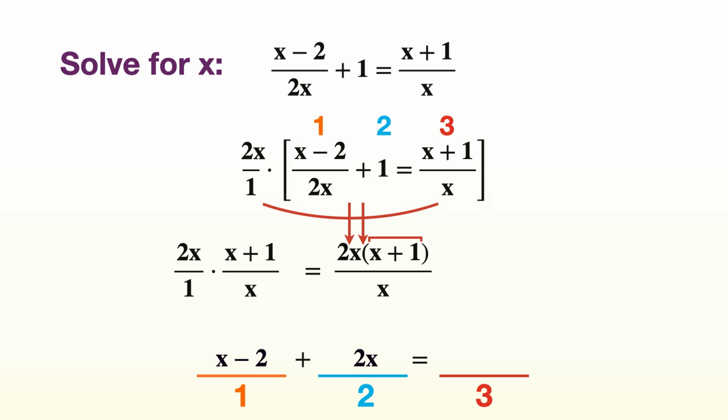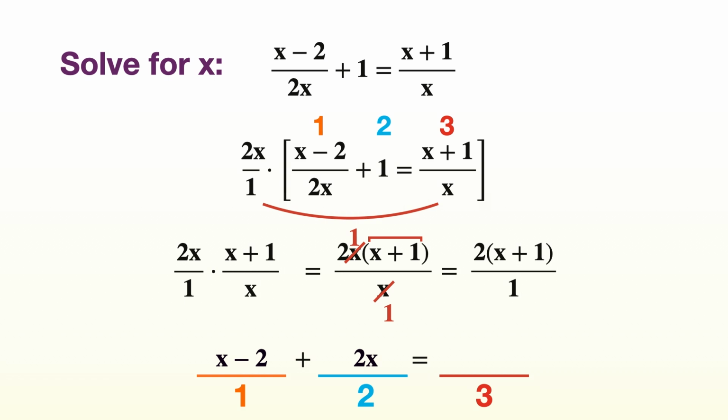In the denominator, we have only one factor, which is x. So this time, there is only one common factor, and it is x. So let's divide each of the x's by x, and x divided by x equals 1. Now we multiply. In the numerator, 2 times 1 times the quantity of x plus 1 is 2 times the quantity of x plus 1.